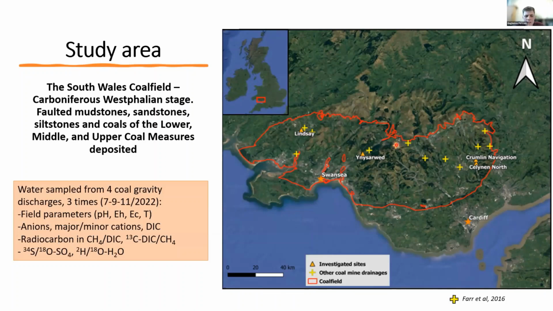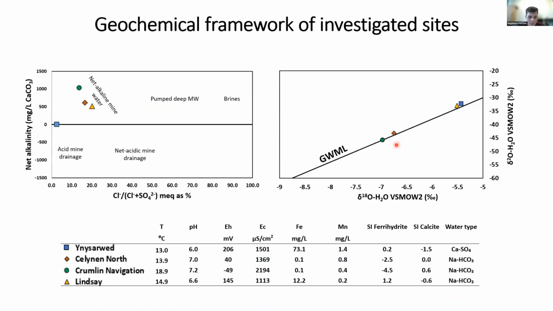The sites investigated are 4: 3 adits, and 1 navigation, which is a gravity discharge directly from a flooded shaft.